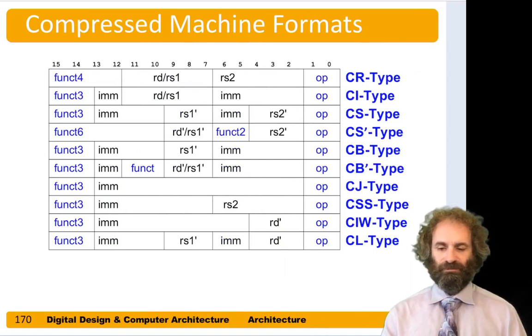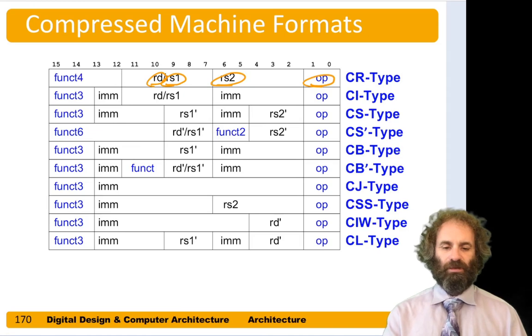So here are a bunch of different flavors of compressed instructions. R-type instructions take one register that's both the source and the destination. Second source, they do the operation specified in funct4.